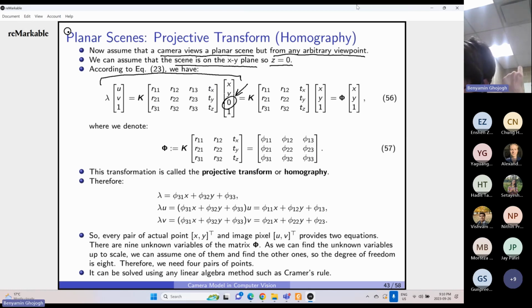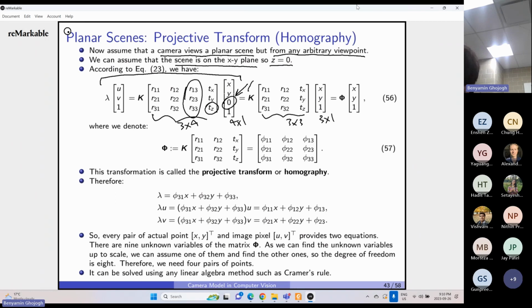By the way, this time my tz is not equal to a constant d, because this time I'm looking at it from some angle, right? Then because of this 0, this column goes away, because it is multiplied by 0. So this 3 by 4 matrix becomes 3 by 3, and this 4 by 1 vector becomes 3 by 1.